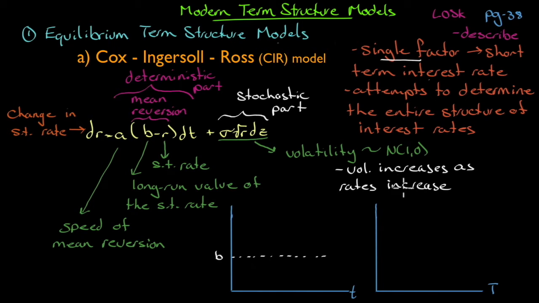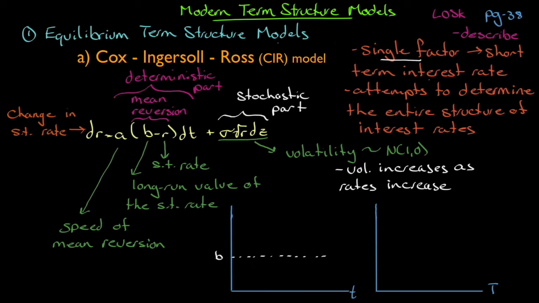So at low levels of rates, volatility will be low. At high levels of rates, volatility will increase. So you don't have constant volatility across different levels for the rate. Keep that in mind. You don't have constant volatility.